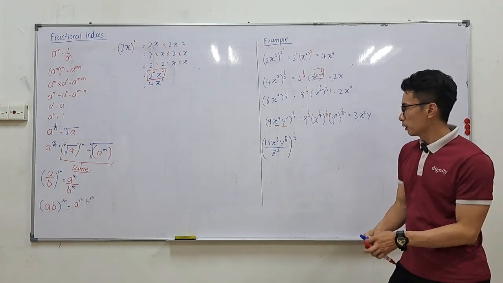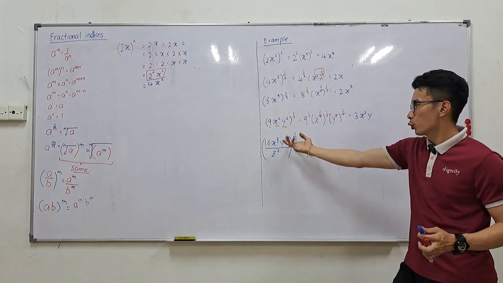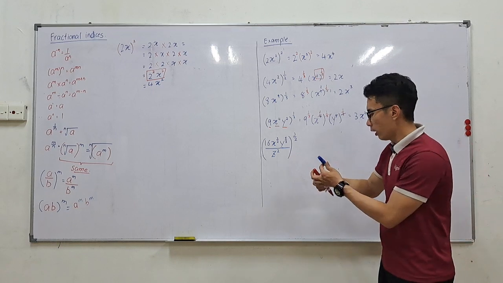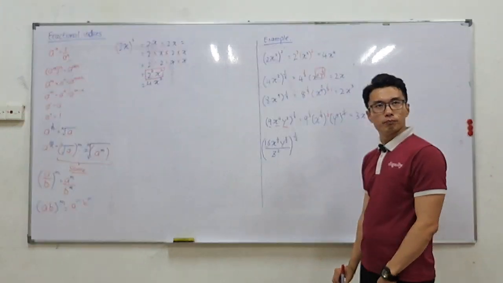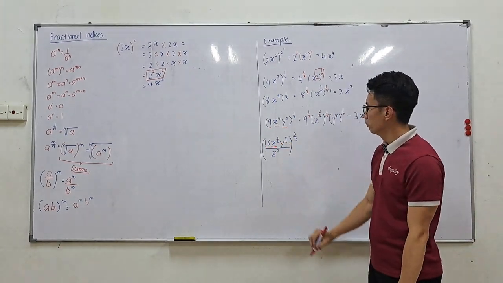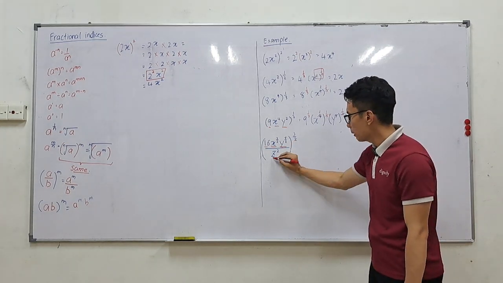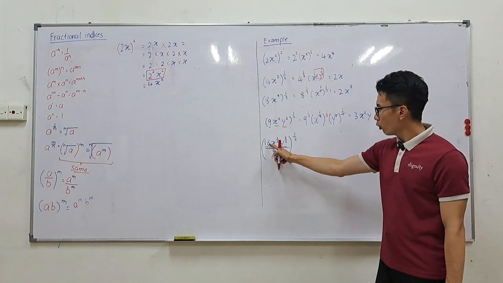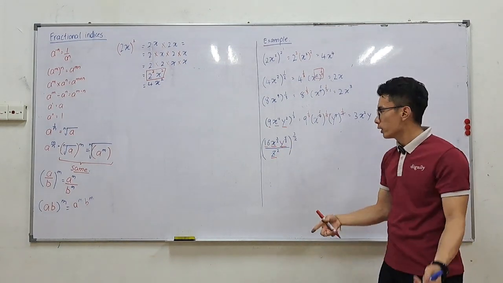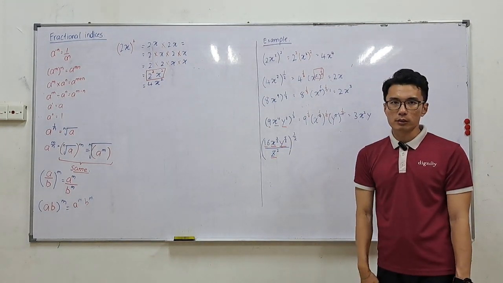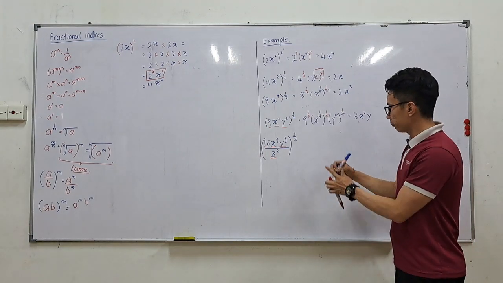So what's happened over here? Instead of my usual 2 or 3 terms, I have how many terms now? I have my 1st term, I have my 2nd term, I have my 3rd term, and lastly, I have my 4th term. So these 4 terms over here, I'm going to raise to this power over here, right? So what do I get?